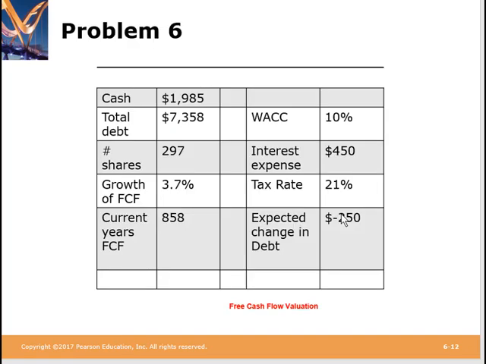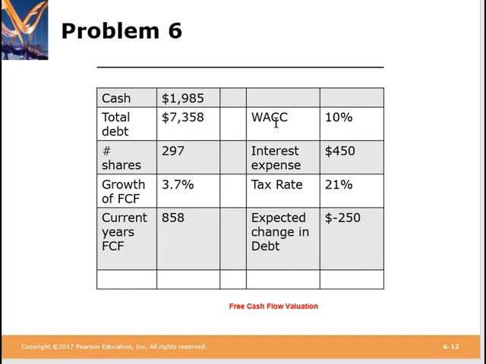The next model to look at is the free cash flow valuation model. We need to know the cash of the company, the debt of the company, how many shares they have, what is the growth of their free cash flows, what is the current year's free cash flow. All of this information is available on places like Yahoo Finance.